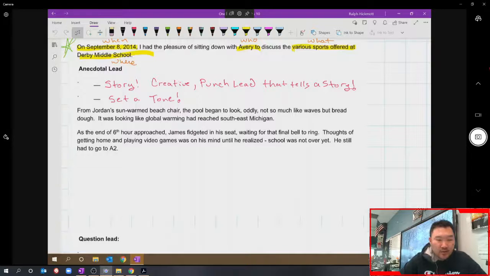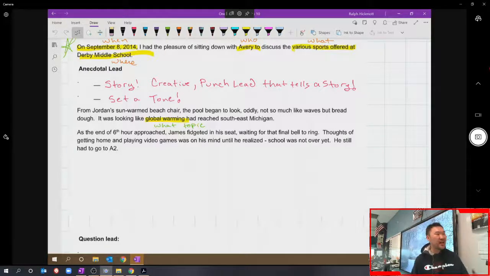First one: "From Jordan's sun-warmed beach chair, the pool began to look oddly, not so much like waves, but bread dough. It was looking like global warming had reached southeast Michigan." Impactful, very creative. You have a lot of imagery here. And additionally, it's very clear this student is talking about global warming. That's the what and that's the topic. And most importantly, it sets a tone.